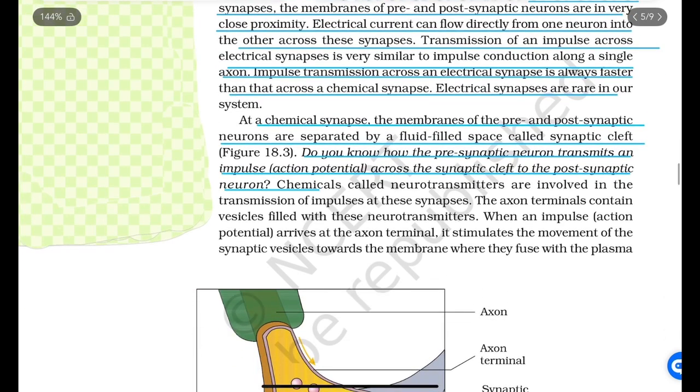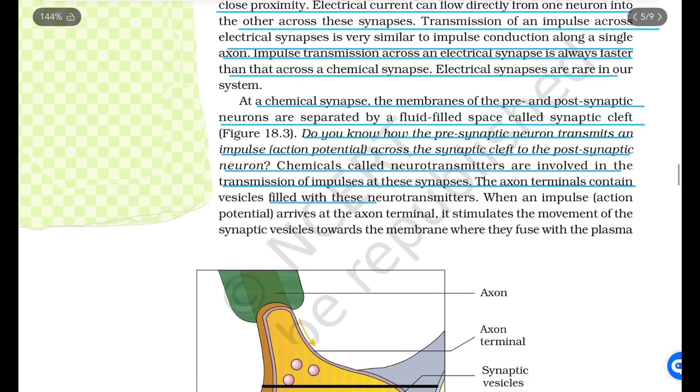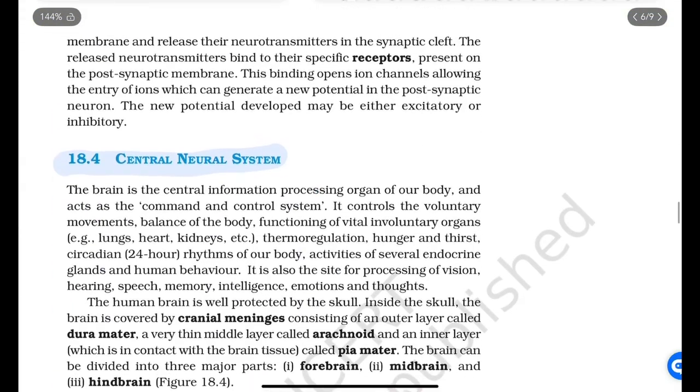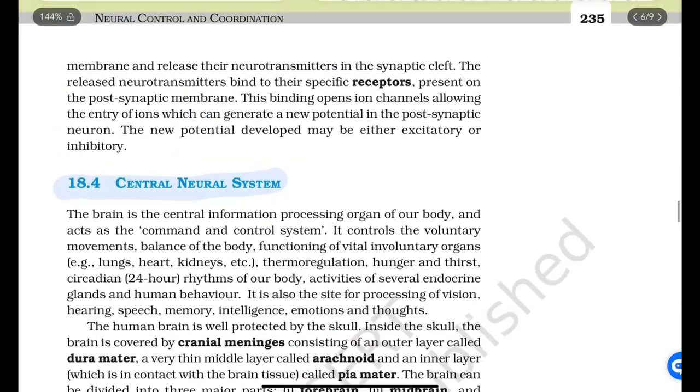Chemicals called neurotransmitters are involved in the transmission of impulses at these synapses. The axon terminal contains vesicles filled with these neurotransmitters. When an impulse, the action potential, arrives at the axon terminal, it stimulates the movement of synaptic vesicles toward the membrane where they fuse with the plasma membrane and release their neurotransmitters into the synaptic cleft.